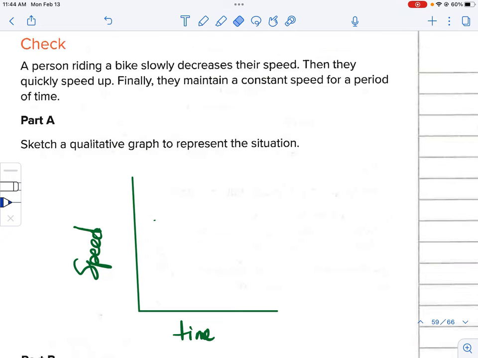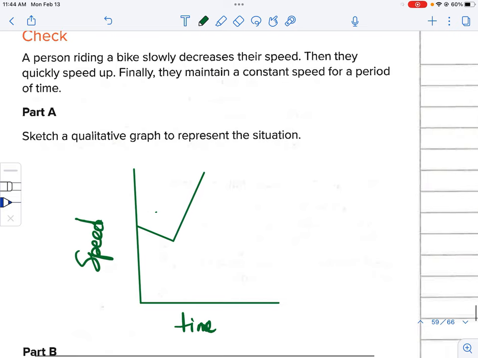So, come on, draw. So we're slowly decreasing. That was really horrible. Then they quickly speed up. And finally, they maintain a speed for a period of time. Okay?